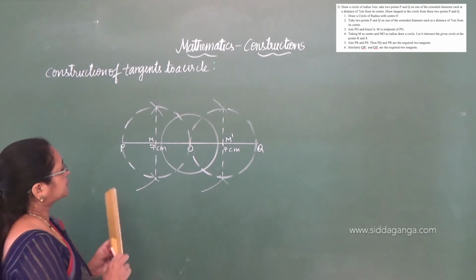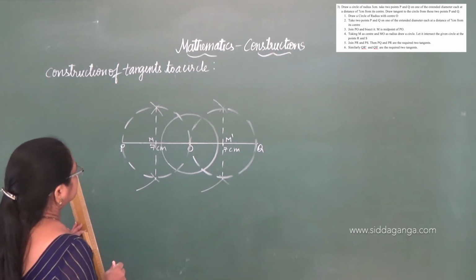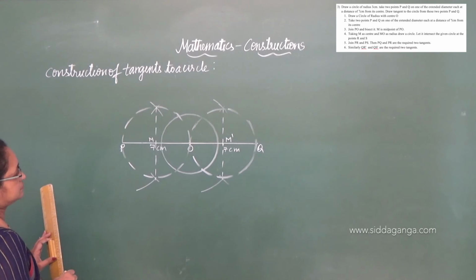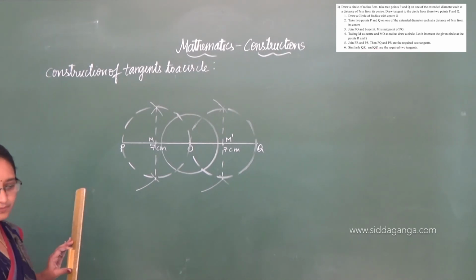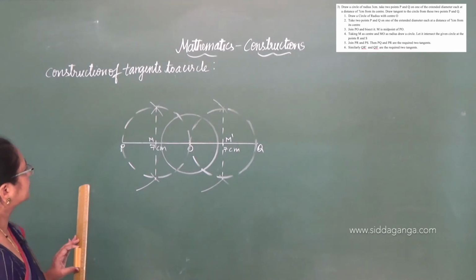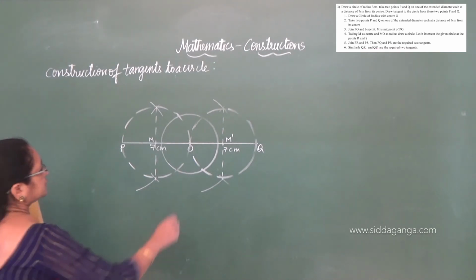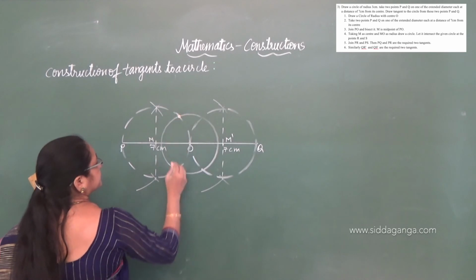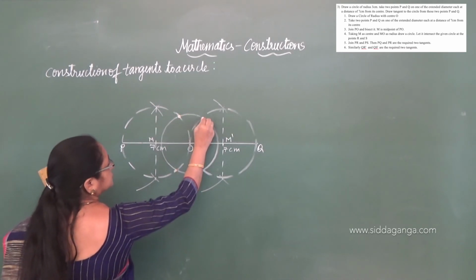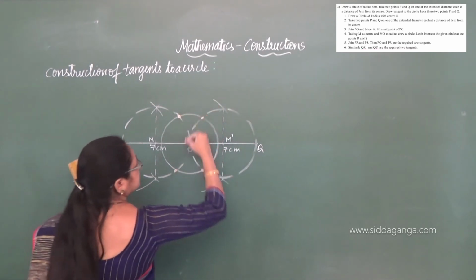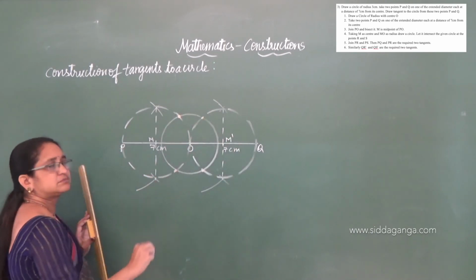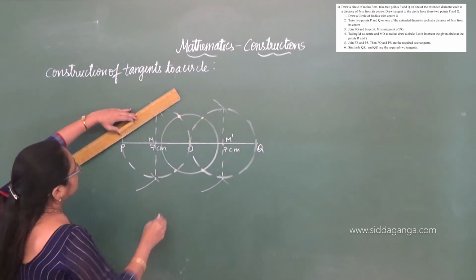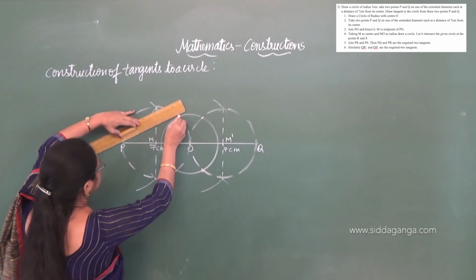Now, I hope you can see a point here. This is the point where this circle has cut the given circle. Now, I am going to join these 2 points.